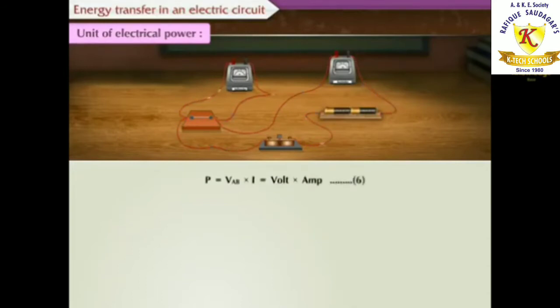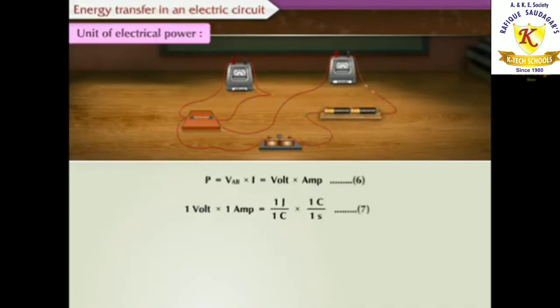Let this be equation number 6. Now, 1 volt is equal to 1 joule upon 1 coulomb, and 1 ampere is 1 coulomb upon 1 second.